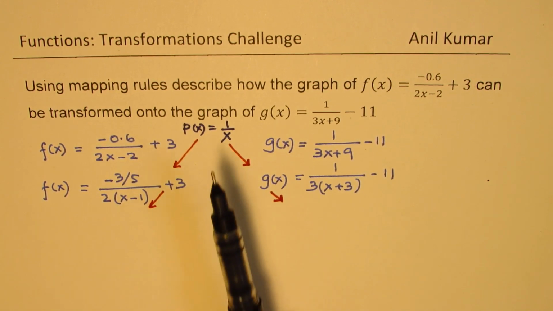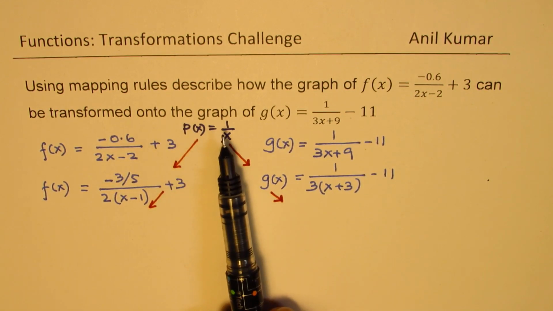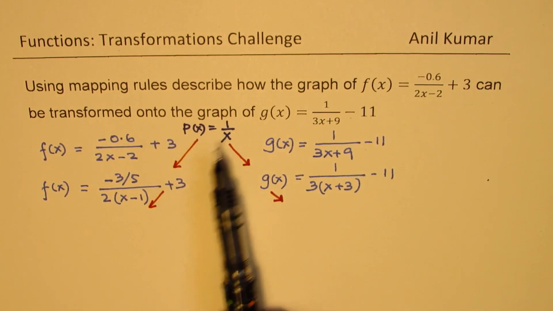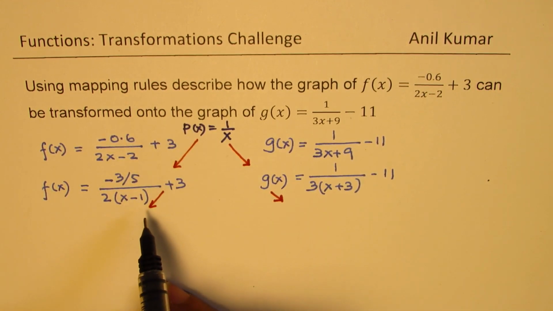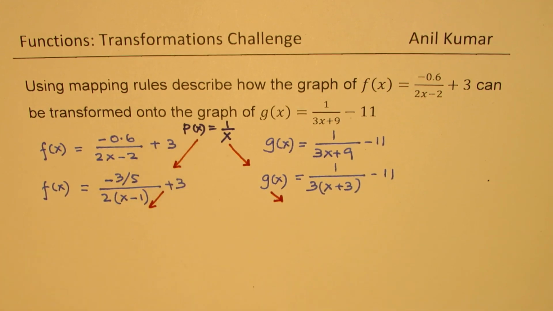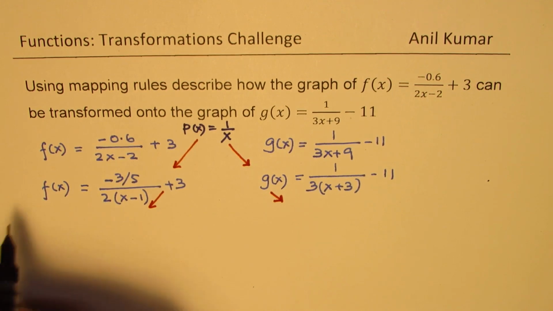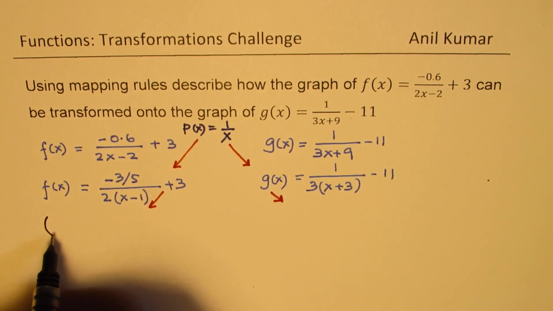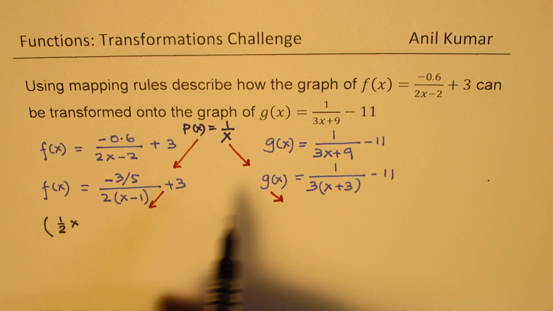So let's look into this flow. If the parent function is the reciprocal function 1 over x, how do we get f of x? Well, and how do the points get transformed? Now here clearly we see that horizontally it has been compressed by a factor of half, so the coordinates in this case could be written as half of x, and then 1 unit it has been translated right.